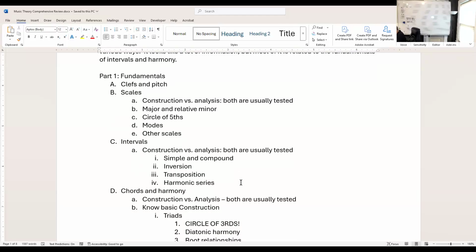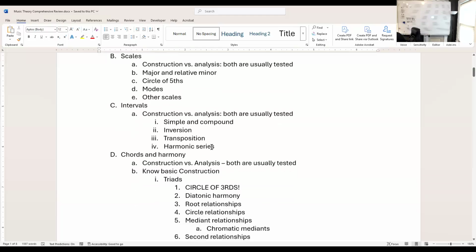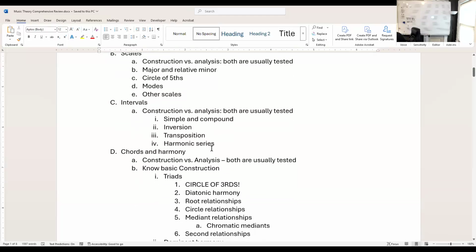So, what are they looking for? What they're trying to understand and assess is, does the candidate comprehend basic fundamental theory?